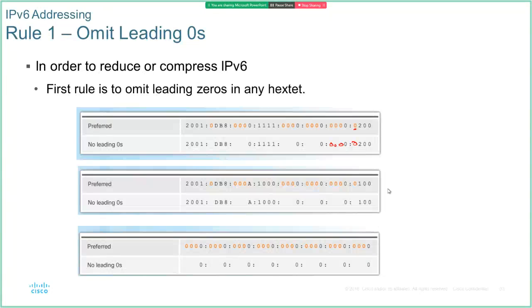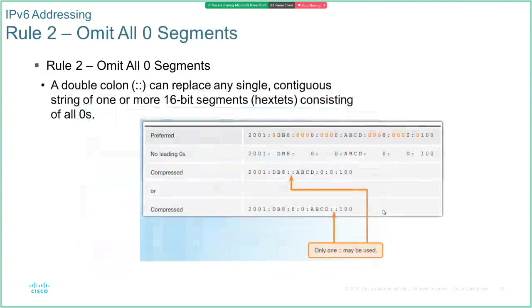Okay, so that's one way we can do it. The next rule is we can group several of these hextets together that have just been reduced to zeros and represent them as a double colon.